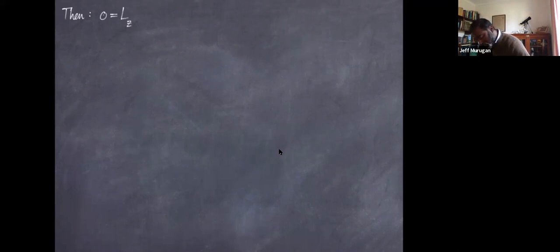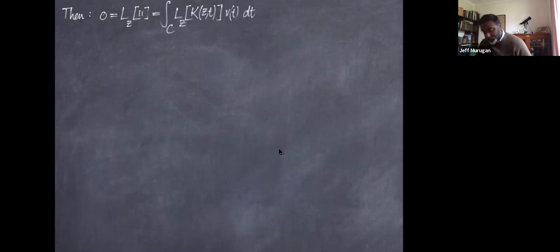Then zero, which was the right-hand side, was L_z of u. That's my differential equation. That was equal to the integral over C of L_z acting on the kernel times v of t dt.